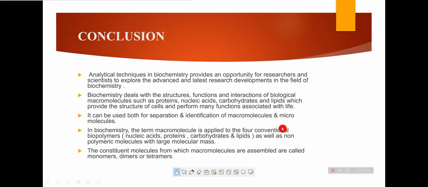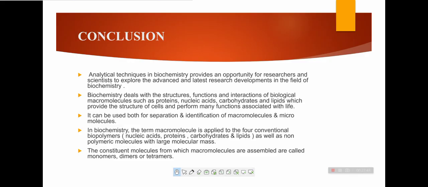The constituent molecules from which macromolecules are assembled are called monomers, dimers or tetramers. So these subunits of the protein can also be diagnosed with analytical techniques. We can say that an analytical technique is a method which is used to determine a chemical or physical property of a chemical substance, chemical element or mixture.